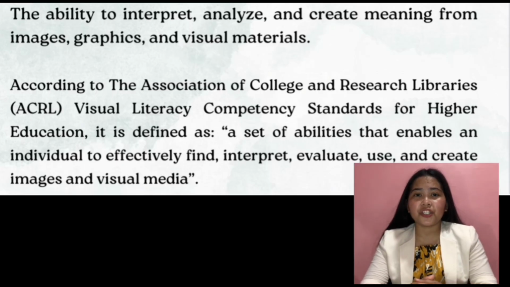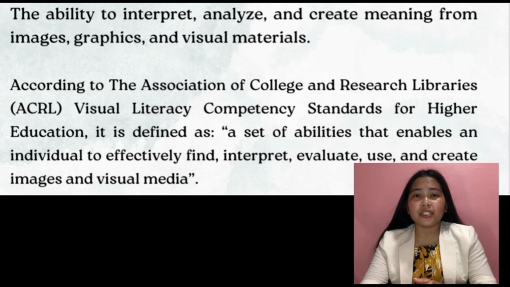According to the Association of College and Research Libraries, Visual Literacy Competency Standards for Higher Education, it is defined as a set of abilities that enables an individual to effectively find, interpret, evaluate, use, and create images and visual media.